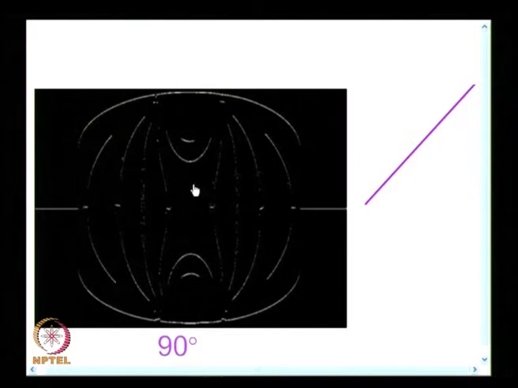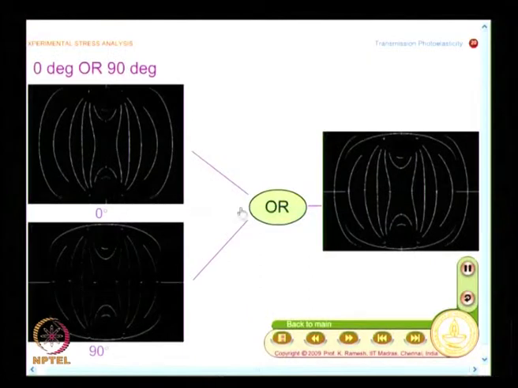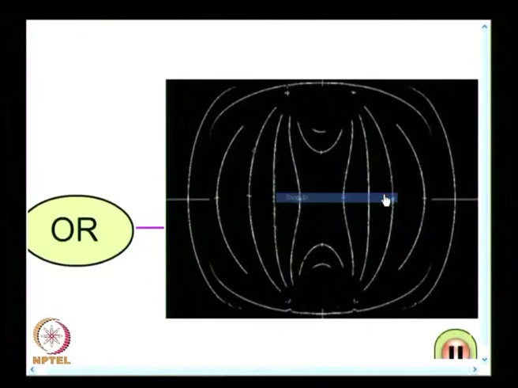Now what I do is a logical OR operation of these two, and I get a fringe skeleton which is reasonably complete, but it still has noise, you have unwanted information like this.